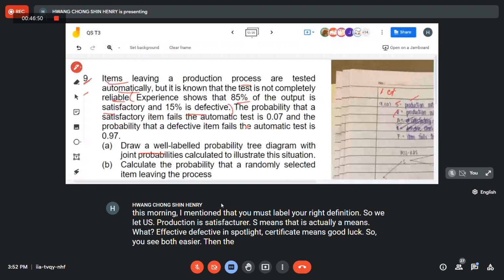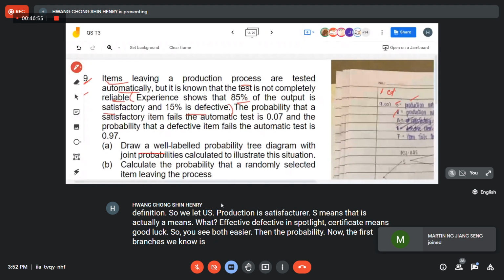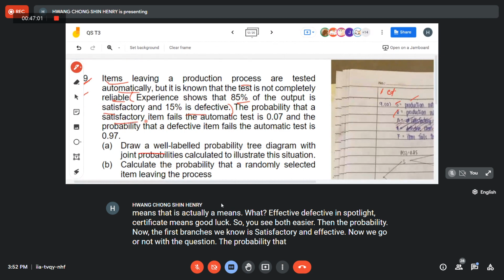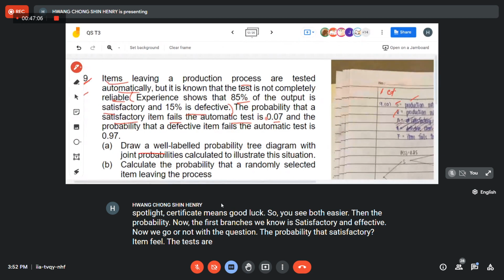Then the probability. Now the first branches we know are satisfactory and defective. Now we go on with the question. The probability that a satisfactory item fails the test is 0.07. What does that mean?